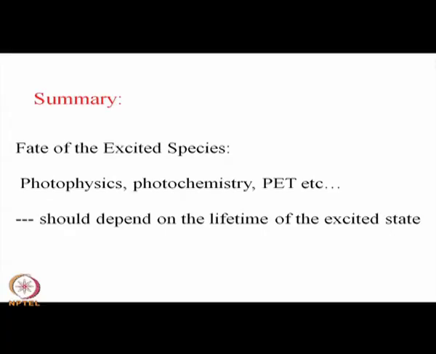We should also learn how to use this important parameter, and maybe in some forthcoming lecture we will discuss that. So this completes the fate of the excited species, and in the next lecture we will continue with this discussion. Some other detailing is required, which I will take up in the next lecture. So till then, thank you.